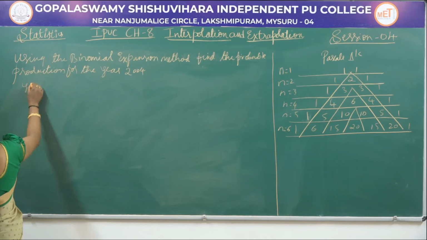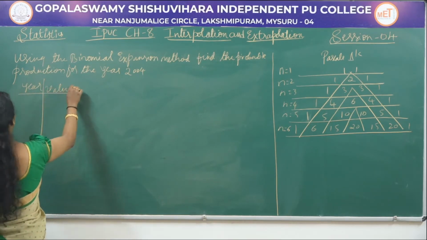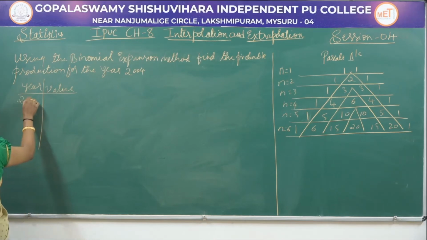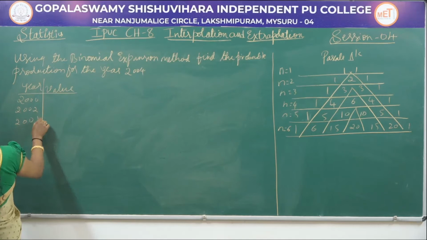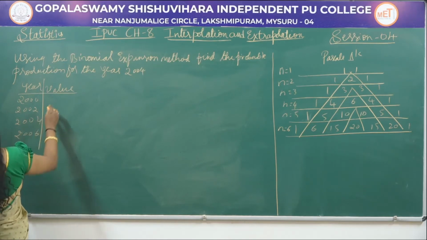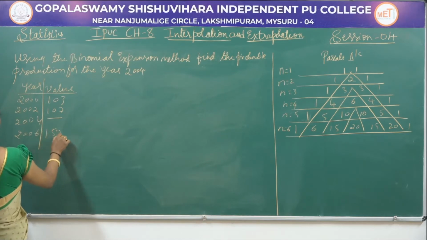Here the years are 2000, 2002, 2004, 2006 and the values are 103, 107, 157.